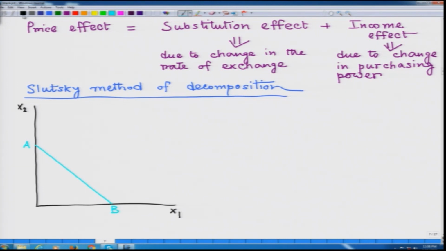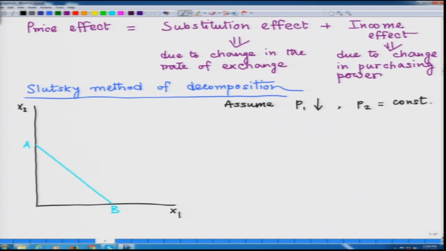Then let us assume that there is a price fall. The price of commodity 1 has gone down while the price of commodity 2 has remained the same. This is the case that we are going to analyze.